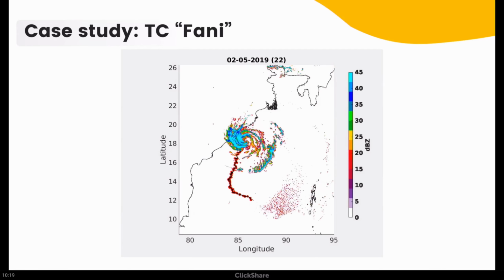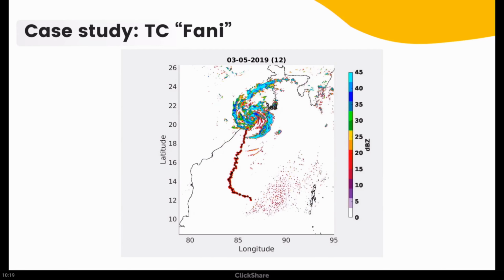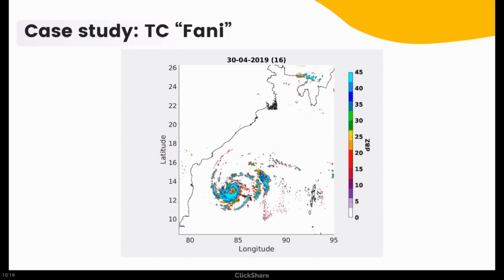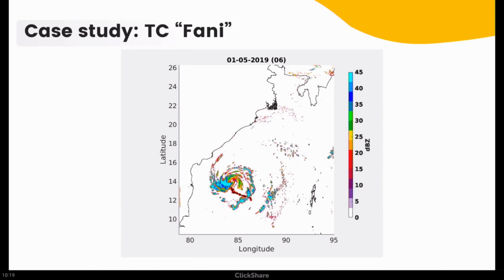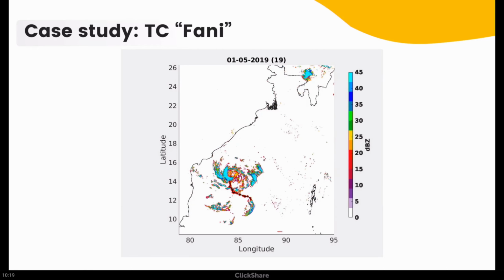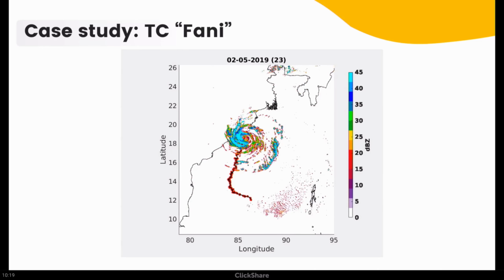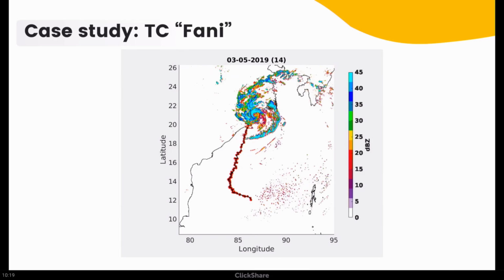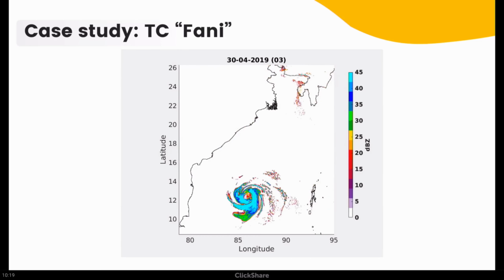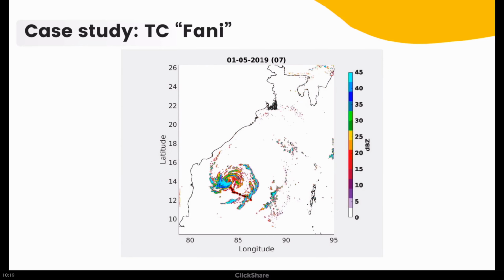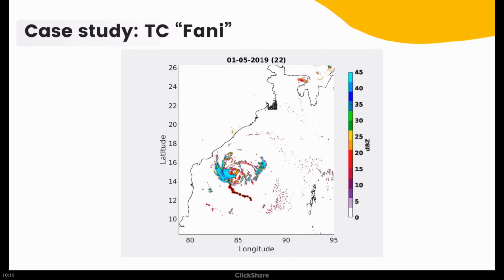So now we'll validate these tracks with the observed tracks, like which IMD provides. Then we can get to know in what way my model is failing, or whether my model is having any issues, because I already have the observation data sets of this particular cyclone and I want to validate it. By doing this, I can get to know how close I can go towards observation.